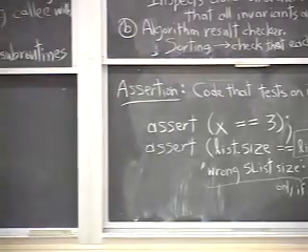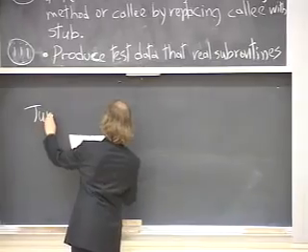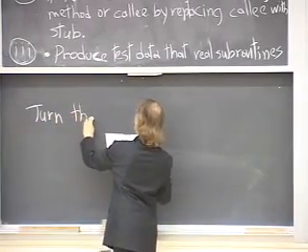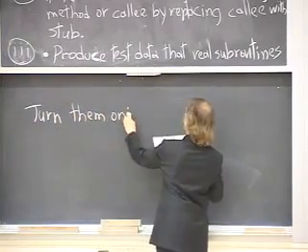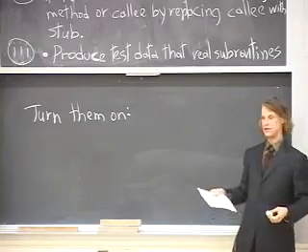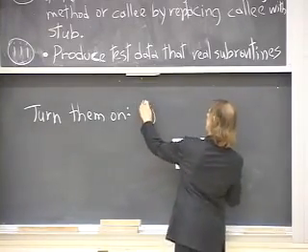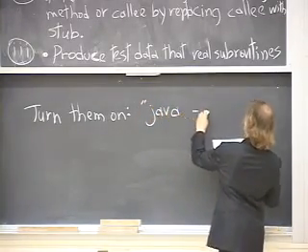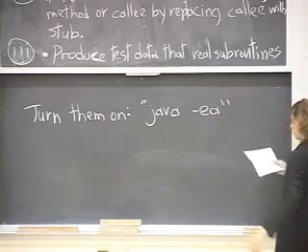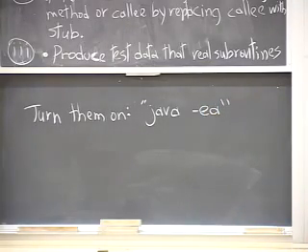When you want to turn them on, so you want to actually test your code and check all the assertions, you run Java with the -ea flag, which stands for enable assertions.